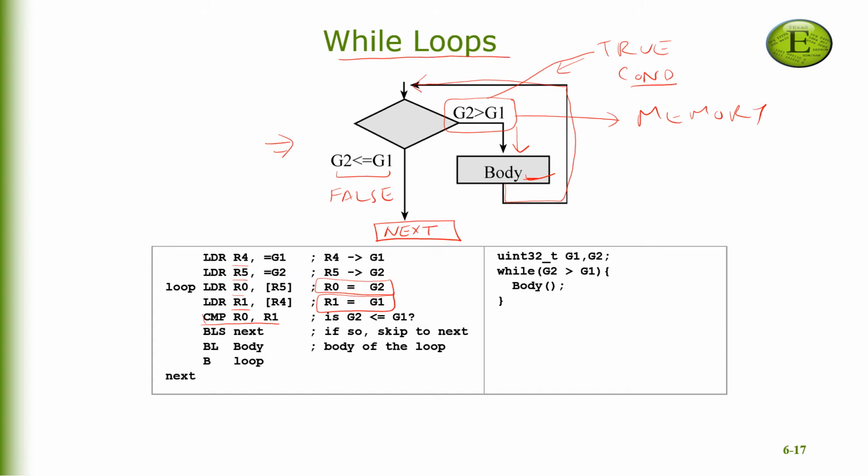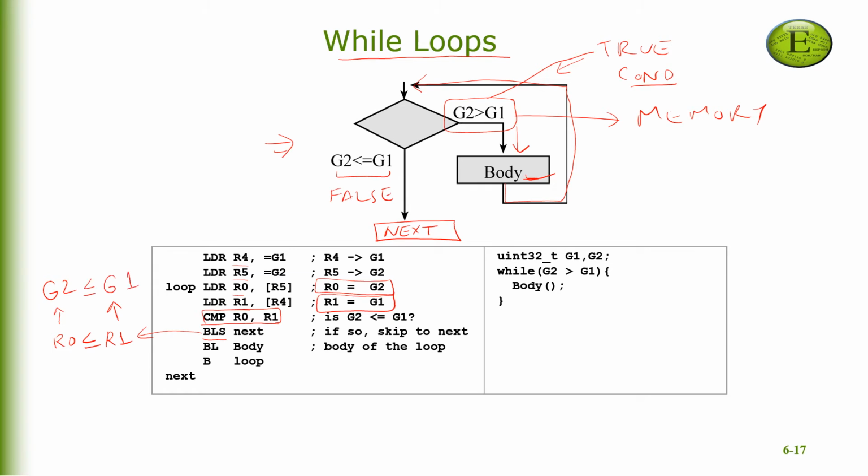So we perform a comparison over here between R0 and R1, and then we check BLS, the conditional branch instruction BLS. That is to say, if R0 is less than or equal to R1. What is R0 containing? R0 contains G2 and R1 contains G1.